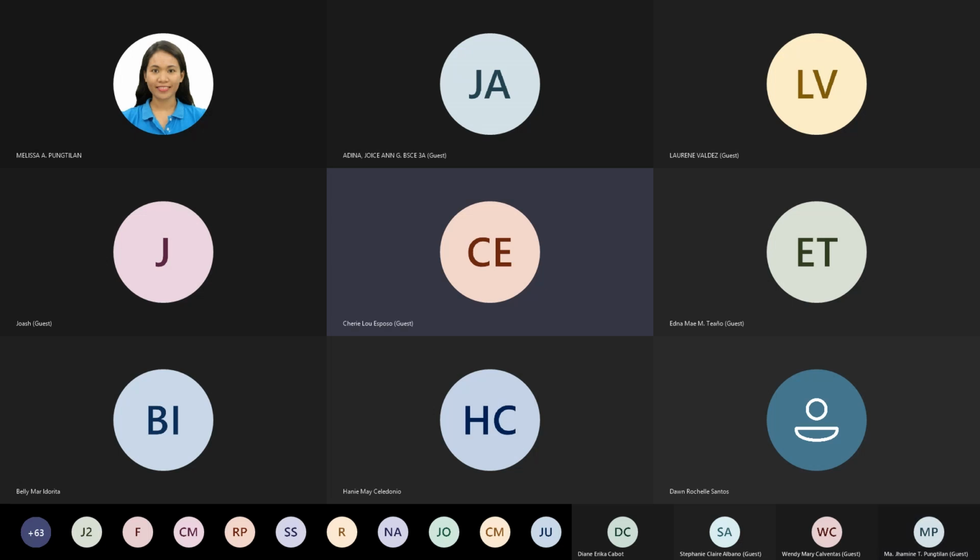So, I expect na meron na kayong copy ng aking dinidiscuss bago pa ako magsimula. Para hindi na kayo kukopya ng problem. Solutions na lang. So, any more questions? Para magawa nyo na yung sheet work. So, mukhang wala naman na ata.